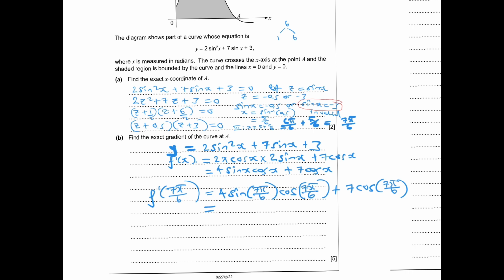So plugging that into the calculator, we get -5 square root of 3 over 2. That's -5 square root of 3 over 2. That is actually the exact gradient, and remember, it's exact, so we don't need to convert this one into decimal form, so we leave our answer as that.